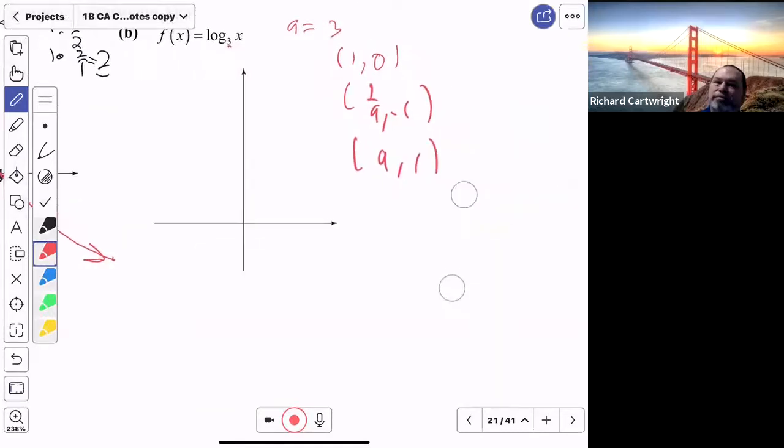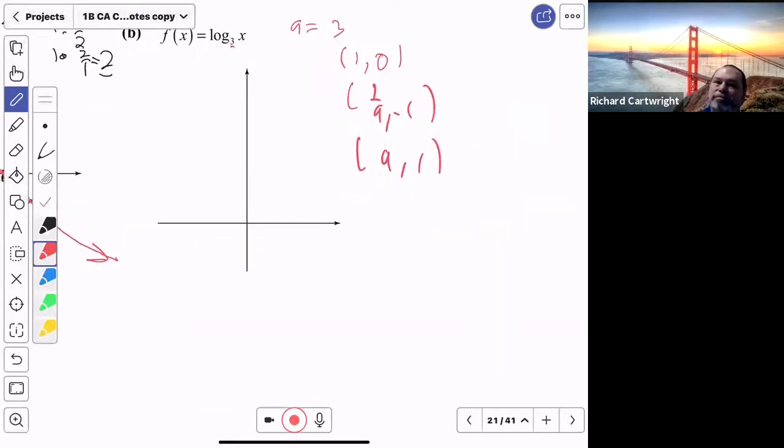So if a is the 1, 0 is always the same, so I'm just going to put 1, 0 right here. We'll do blue. There's 1, 0. That's that one. 1 over a with 1 over 3 is very, very small, 1/3, and go down 1. So that goes down to here. And here, 3 comma 1, 1, 2, 3, 3 comma 1, that's over here.